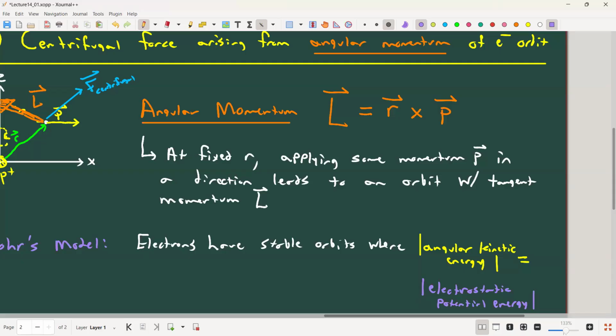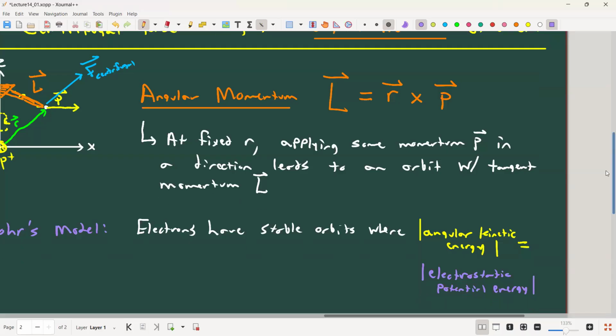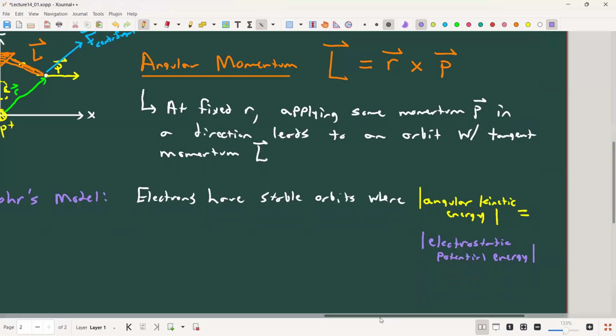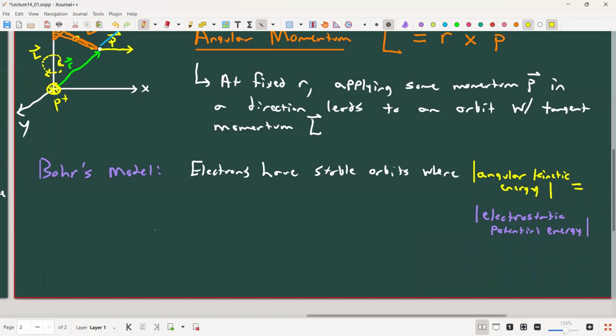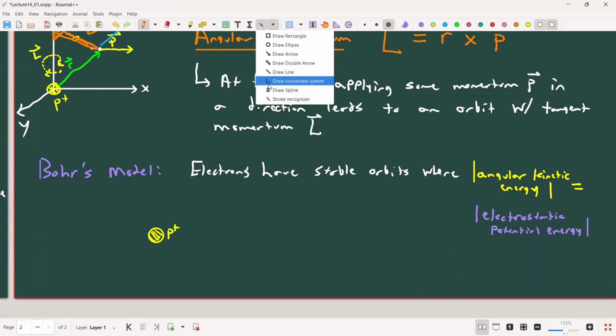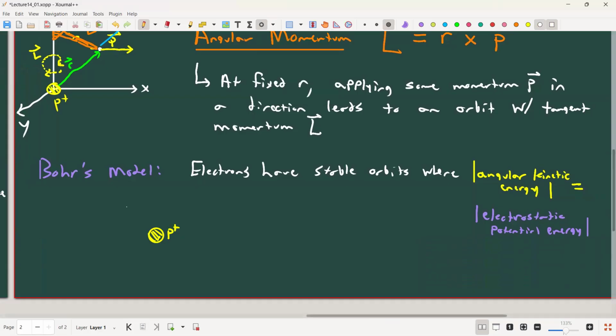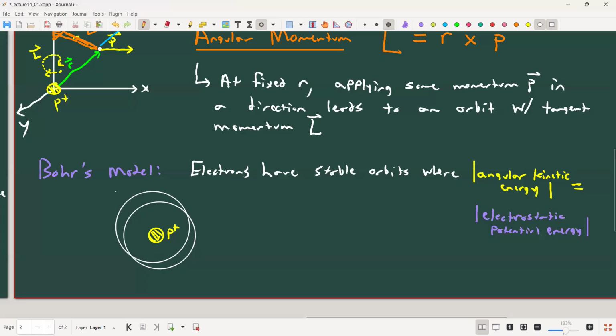And so Bohr does this math, and he comes up with a really, really interesting idea, which is kind of the classic. It's wrong, as we'll see, but this idea of the hydrogen atom as being a proton with these embedded orbits around the atom of different radii.